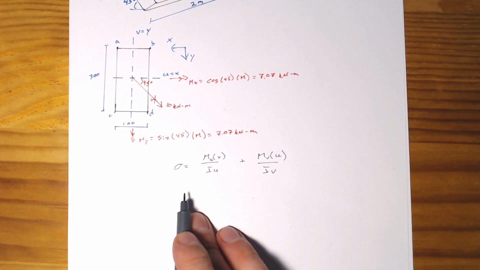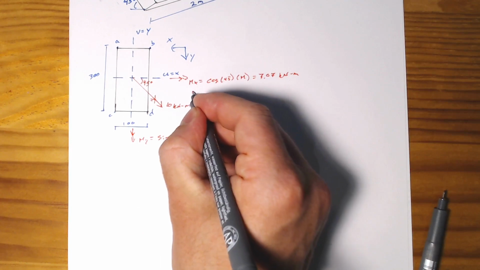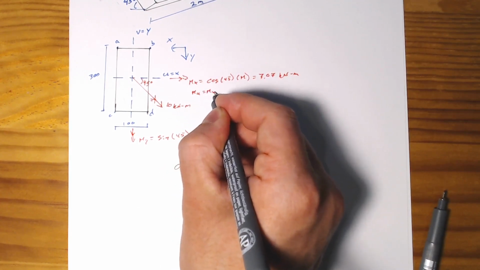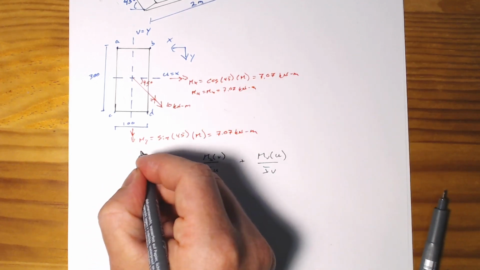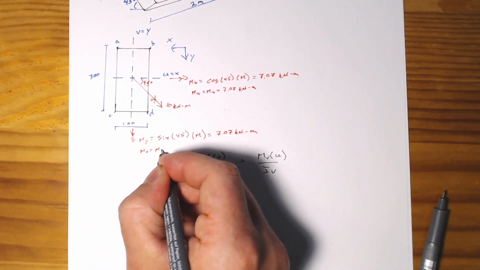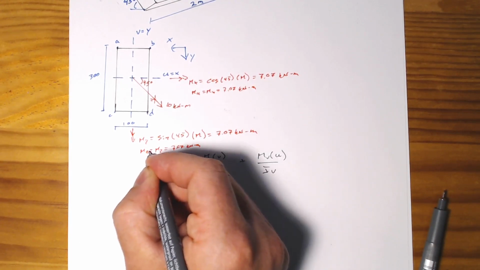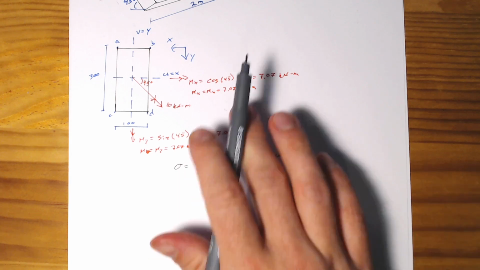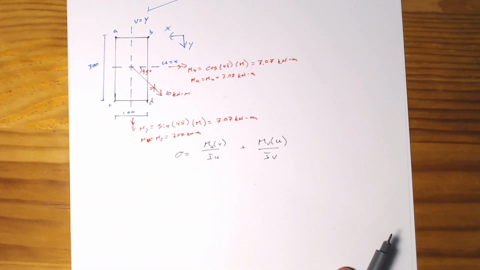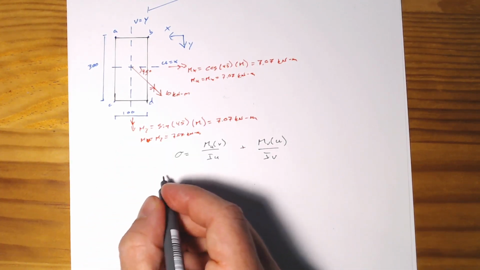We know Mu equals Mx equals 7.07 kilonewton meters, and Mv equals My equals 7.07 kilonewton meters. So we know Mu and Mv. We need to work out what Iu and Iv are, which are simply the moments of inertia about those given axes. That's pretty straightforward since it's a rectangle. We've done this before.